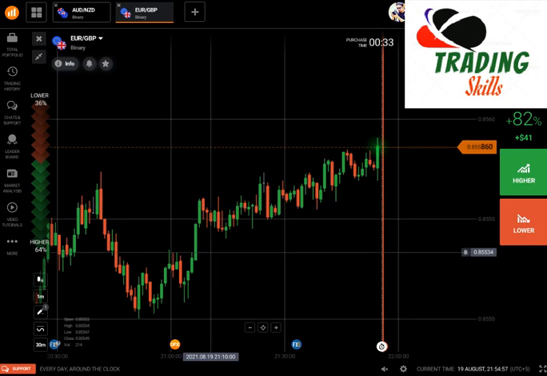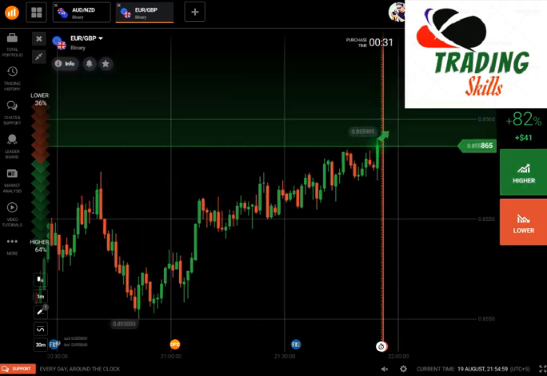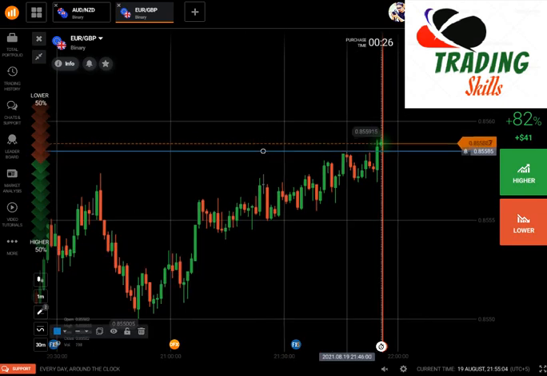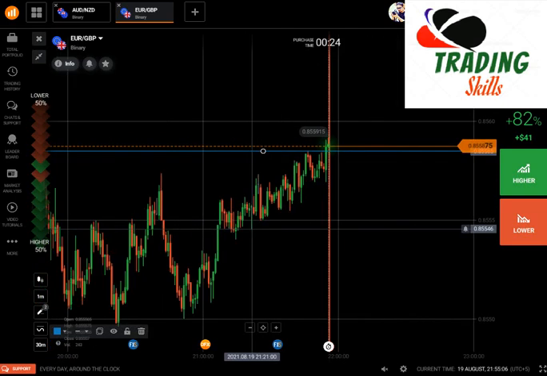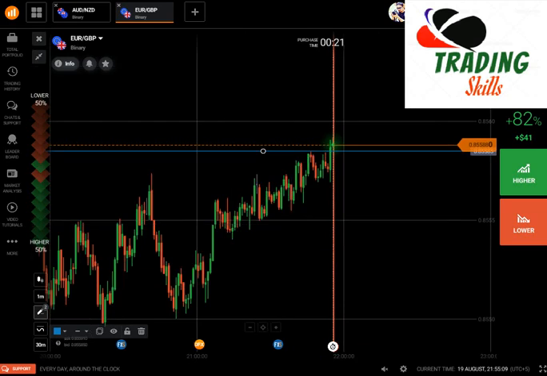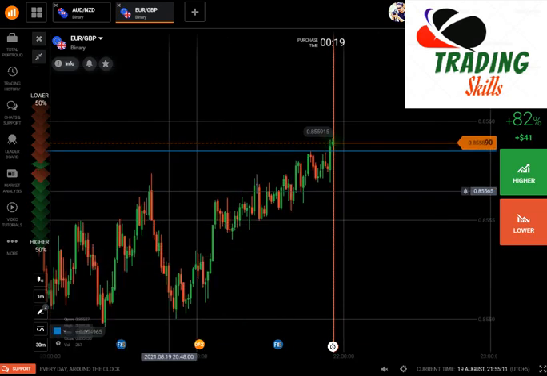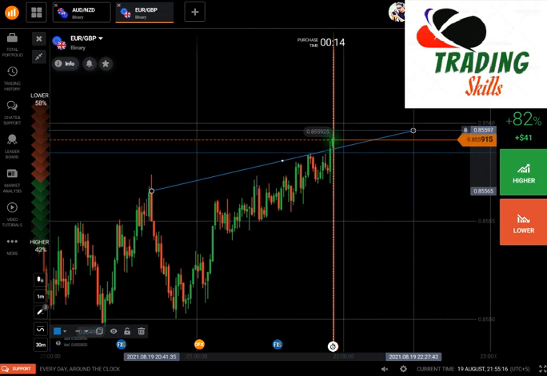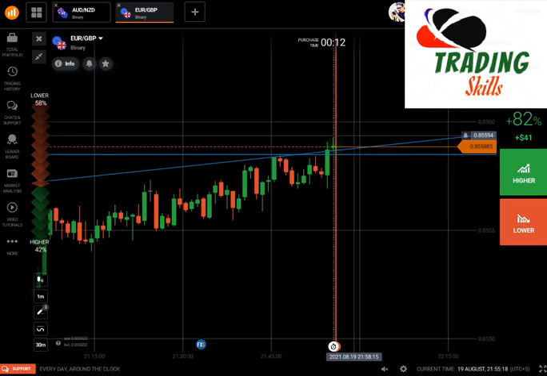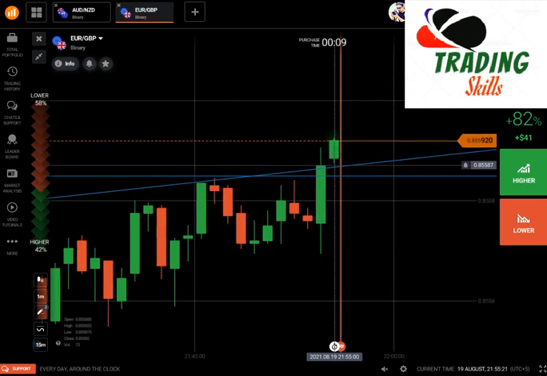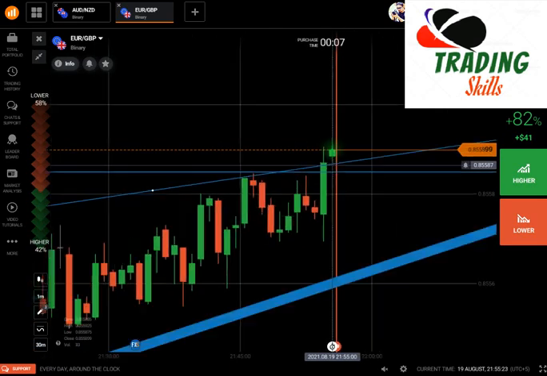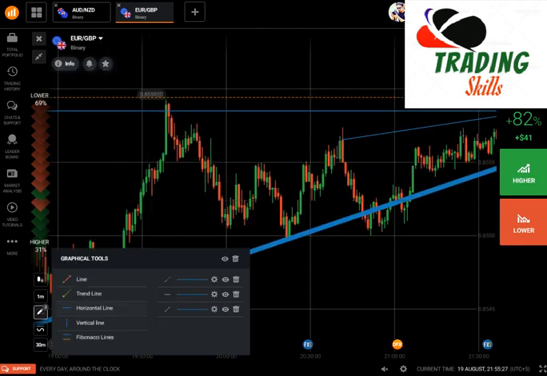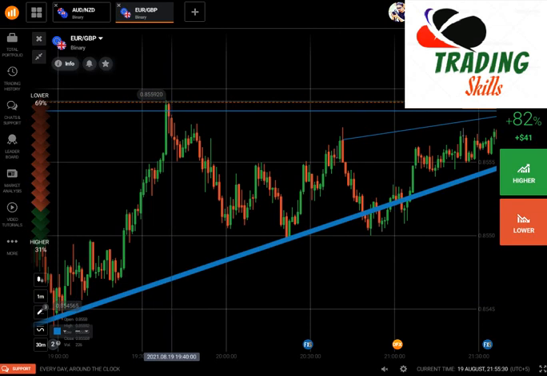So here in this zone, okay, let me show you here. This is the level, and now you can see here in this zone market broke this level, but I am seeing here a rejection, so I need to wait, because you can see here the next price action is occurring here.